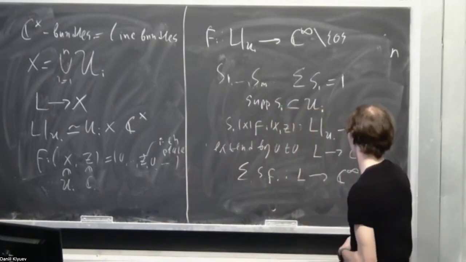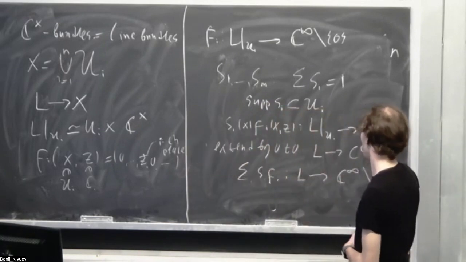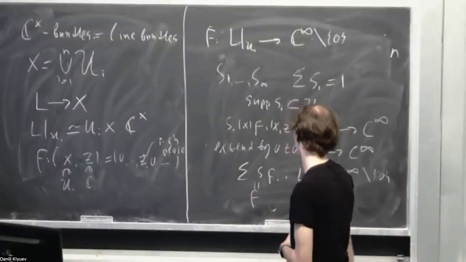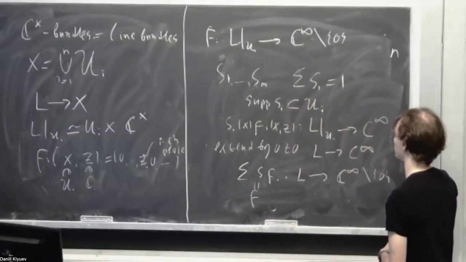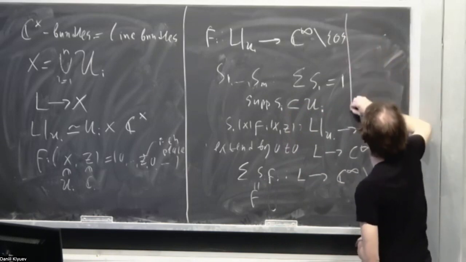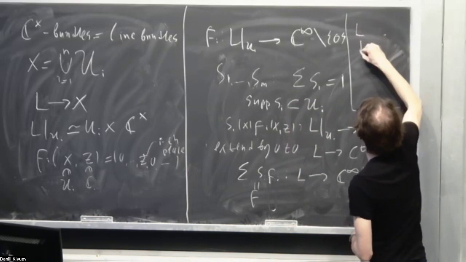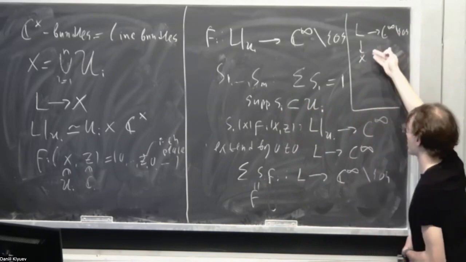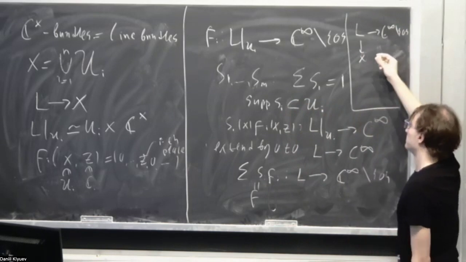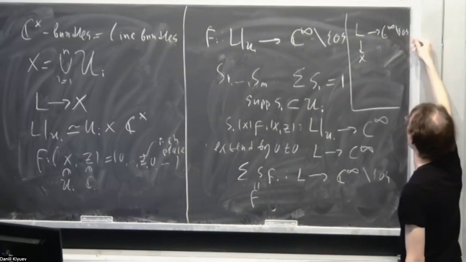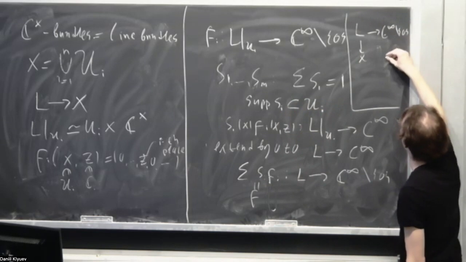Yeah, so this is the proof of what happens, and we just denote it by F. So let me maybe use one blackboard. So we have L to C infinity without 0, and this map is C star equivariant.